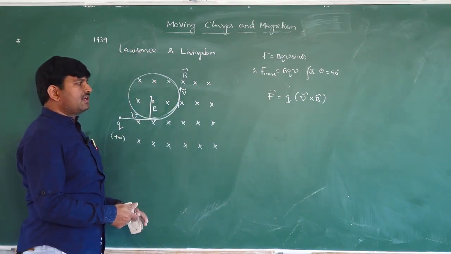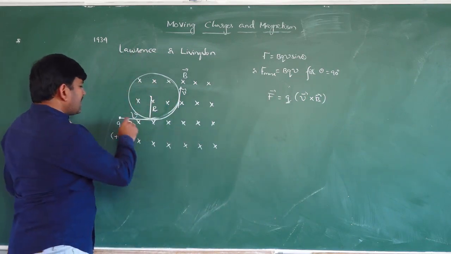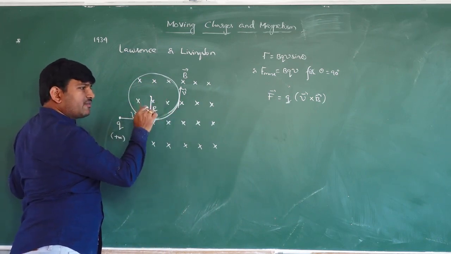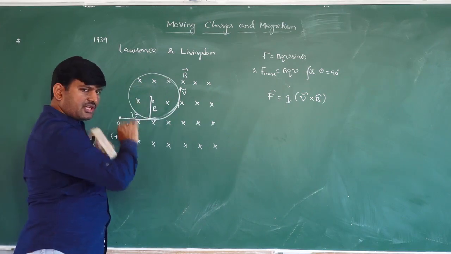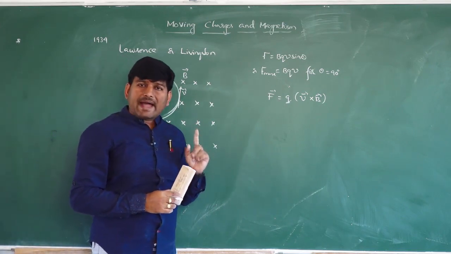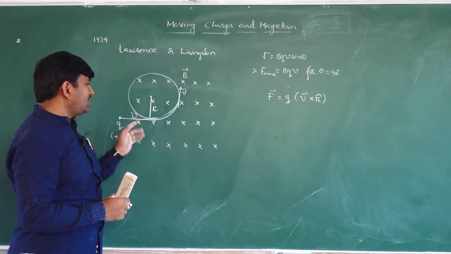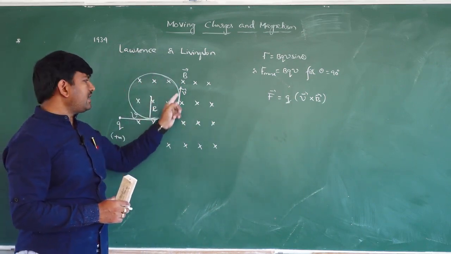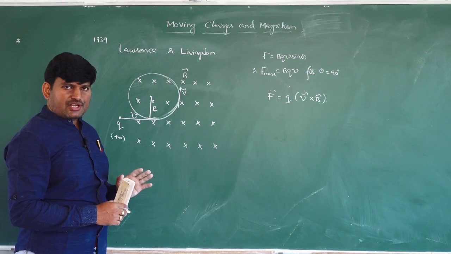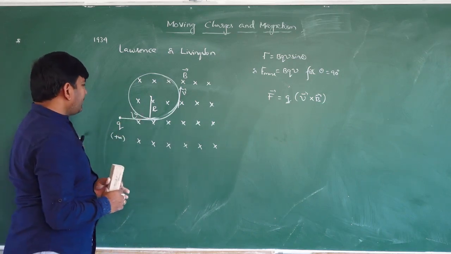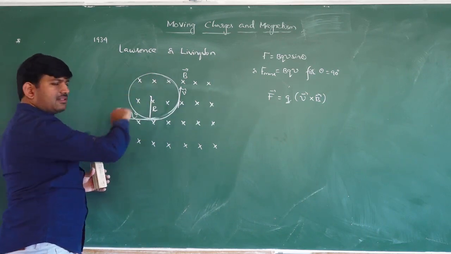That means, when a charged particle is traveling in a magnetic field, only the direction of velocity is going to change, but not the magnitude of velocity. Is it clear?